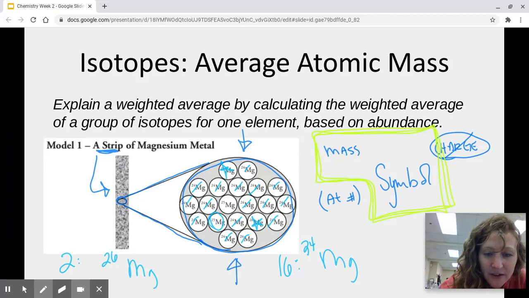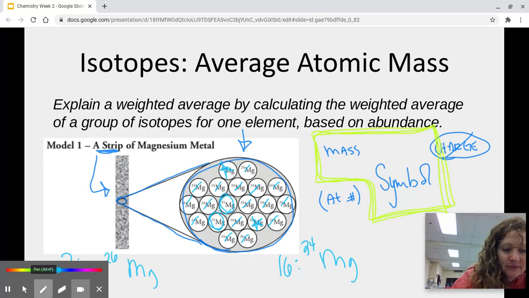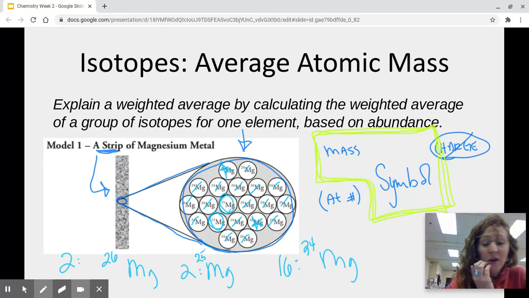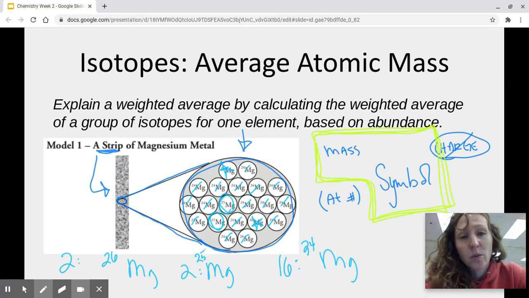Here we go. Here's a magnesium 25, and here's a magnesium 25. Okay, so what we have represented here in our strip of metal is 3 different isotopes. We have a magnesium 24, a magnesium 25, and a magnesium 26.